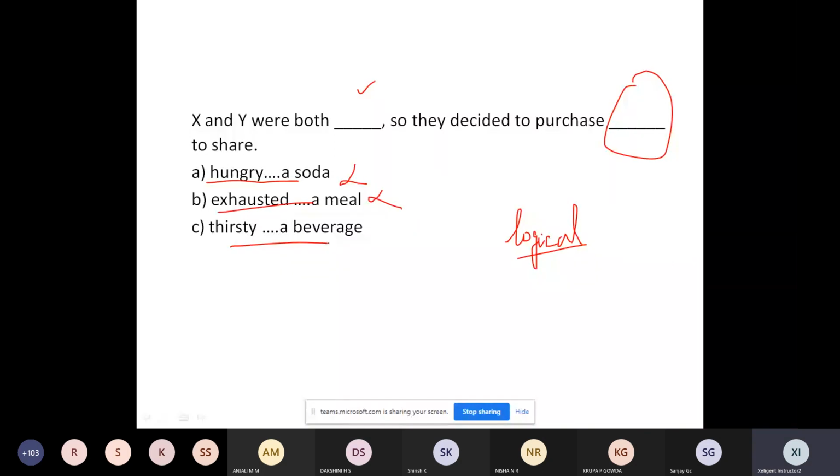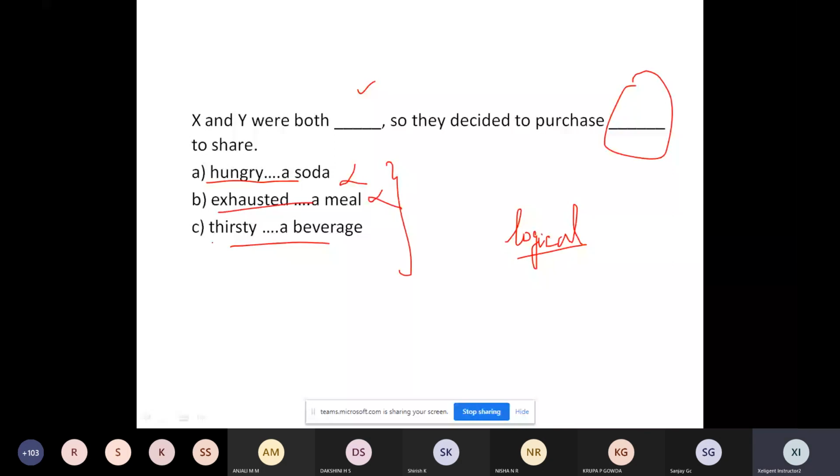We have to choose an option which is logically correct. Take a note of this: logical thinking plays an important role in finding the answer. Some students just read the options, and if they don't know the meaning of an option, they skip the question.